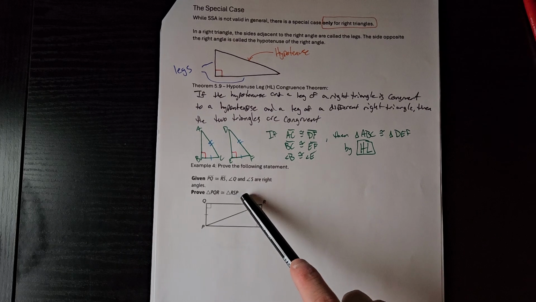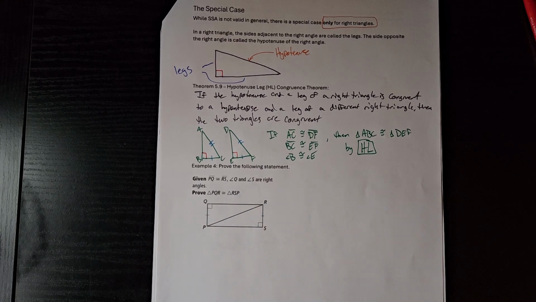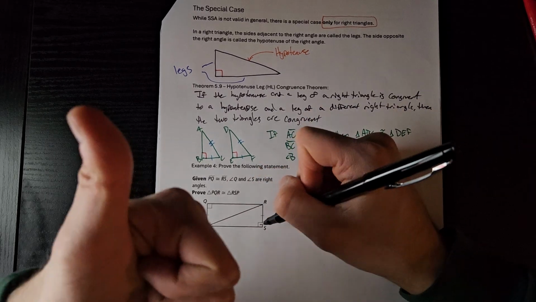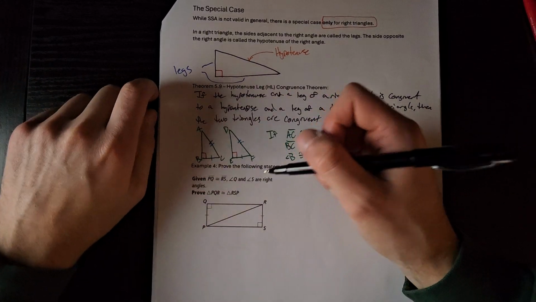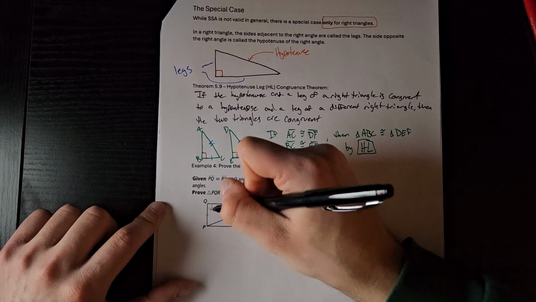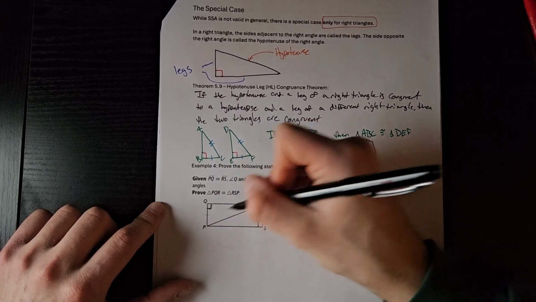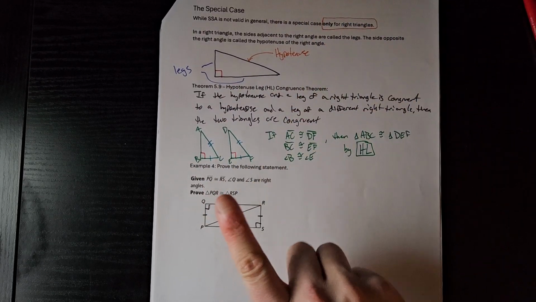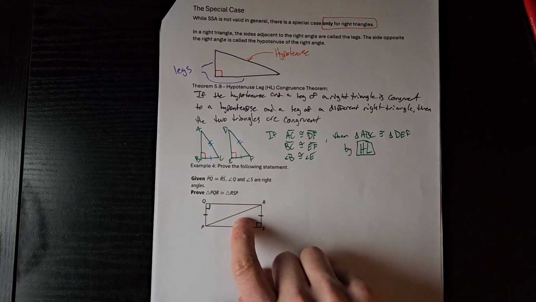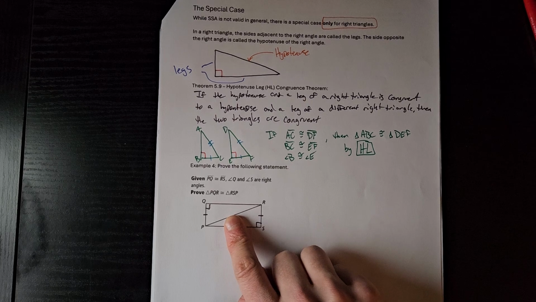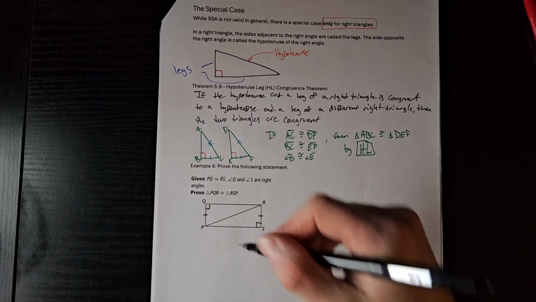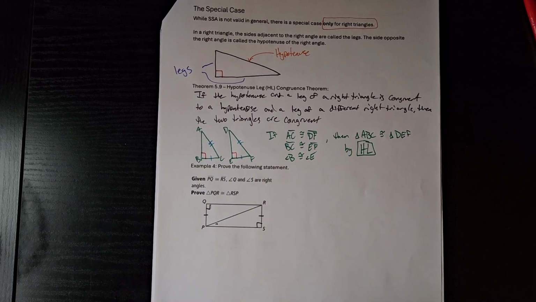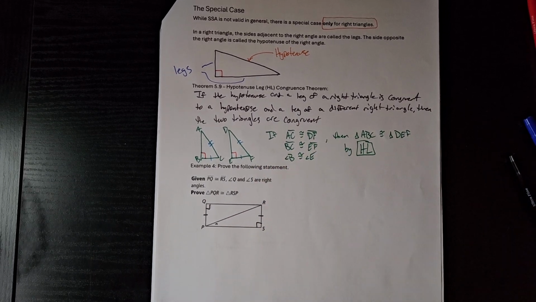So we've got to prove the following statement. We have our triangles right here. Let's work it out. We do know that there are right angles, which is good because that means we are having a right triangle in this case. So we have some right angles right here, and we have some sides that are congruent. One thing that should be sticking out to you is this line in the middle of this figure. Why is this so damning in this figure?